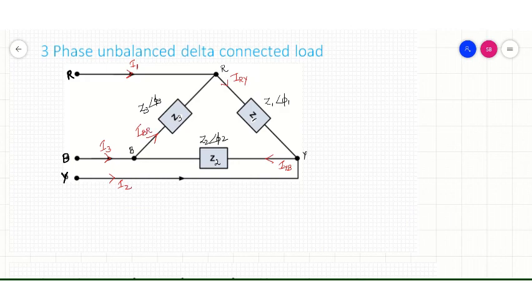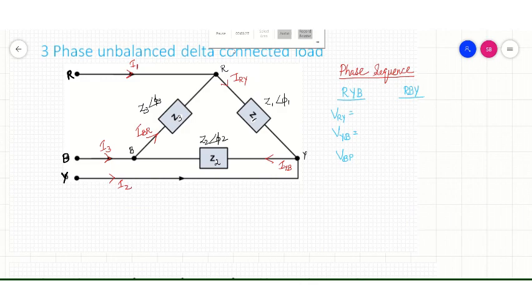Now we have to check the phase sequence. The phase sequence may be RYB sequence or RBY sequence. The line voltages are VRY, VYB, VBR. The phase sequence is considered as RYB.